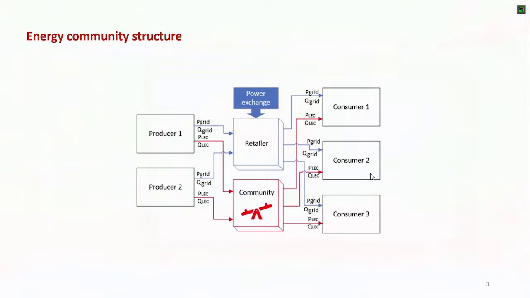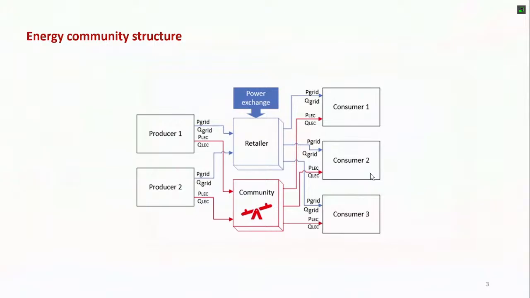The customers have the possibility to take some power from the community, and the rest is from the retailer. All the customers keep their contract with the retailers and the availability to choose the retailer they want, and it is not mandatory to have the same retailer in the community. They can join or not the community, so in the same network you may have different users that belong to a community, are outside the community, or belong to different communities.